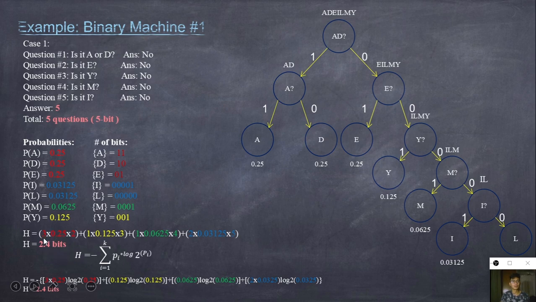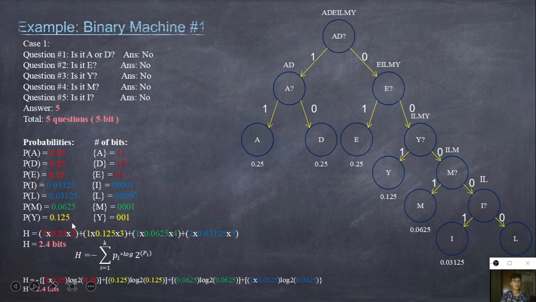Where does this 3 come from? 3 is the number of letters with the same probability, A, D, and E, so we represent it as 3 because each has a probability of 0.25. The 2 represents the number of bits: for those with a probability of 0.25, it is represented by 2 bits, since the path is 1 and 1.